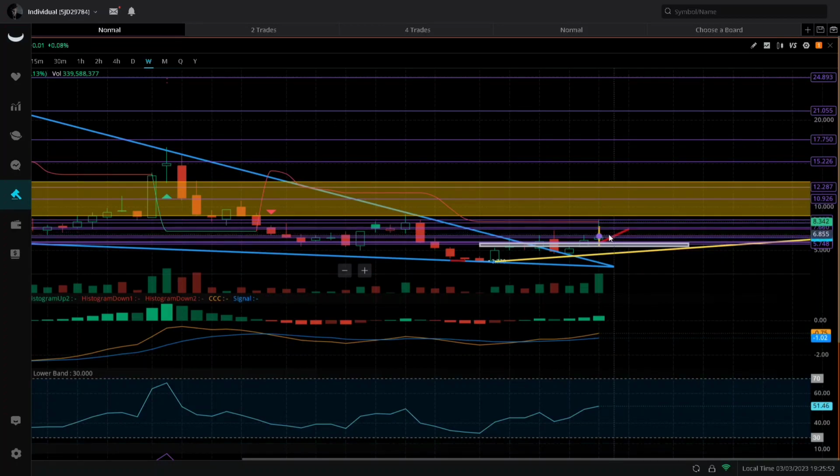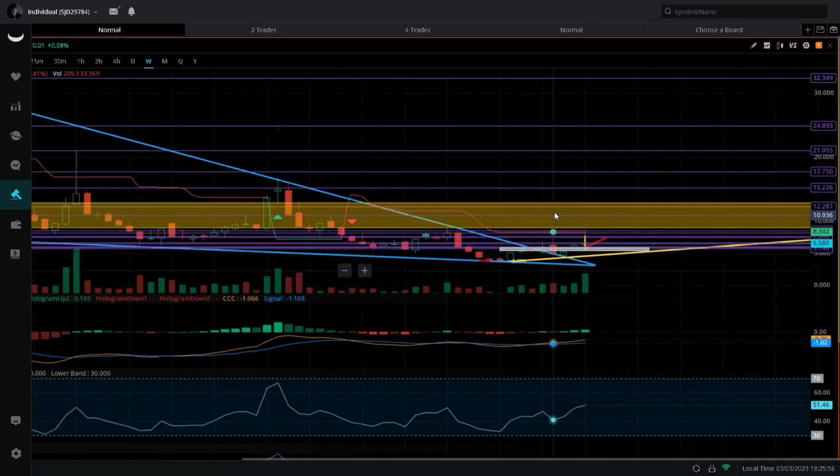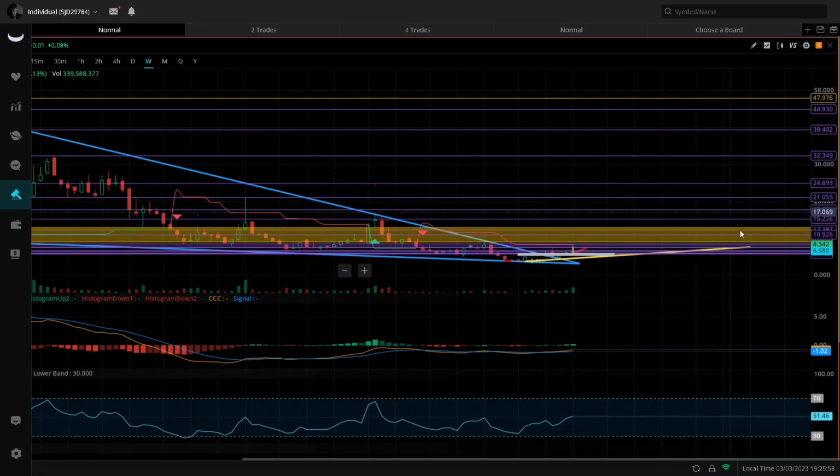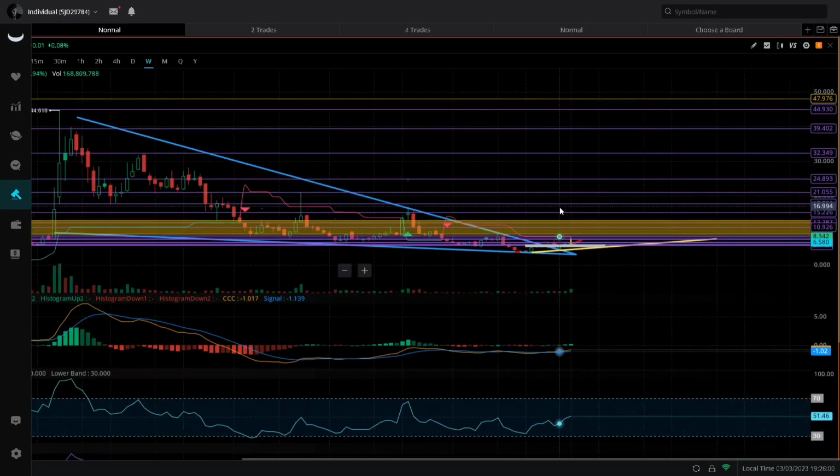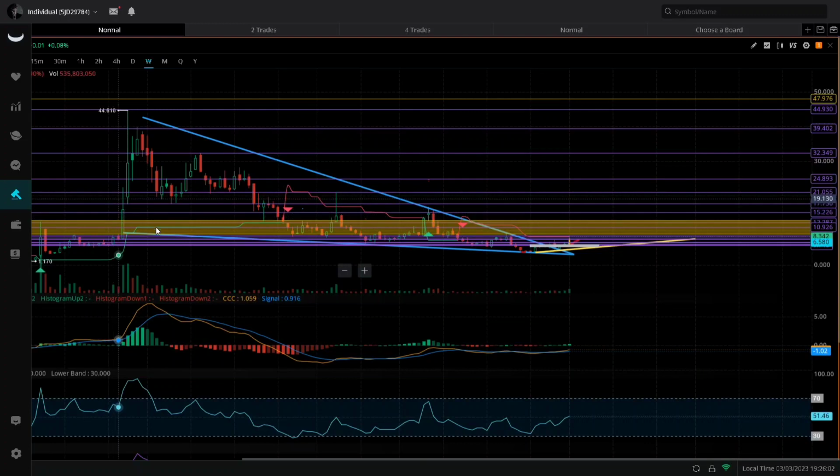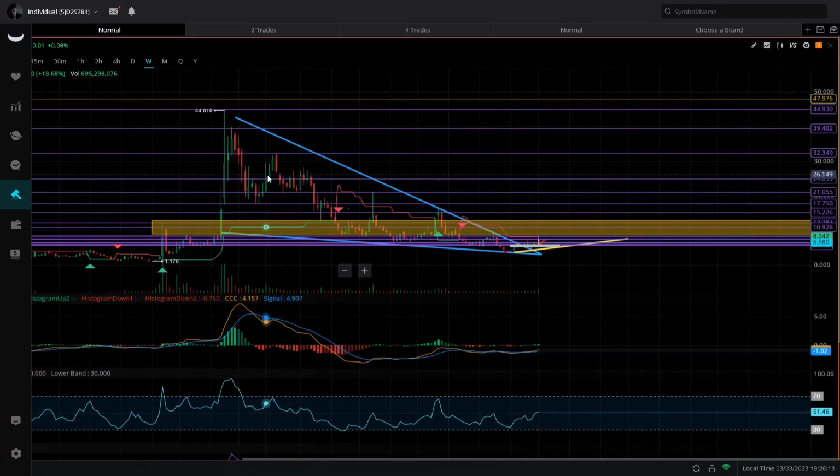If we can break above that $8.50 range, this thing is going to start running. That is the golden zone, what I call it, between $8 and $12, because as you guys can see, there's little support and resistance there, and anytime we break above that zone, we have large price action to the upside, and this is overall bullish in my opinion.